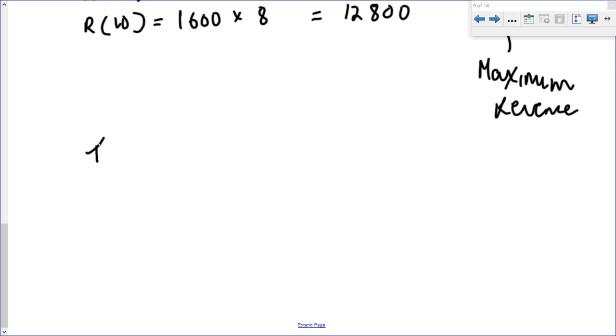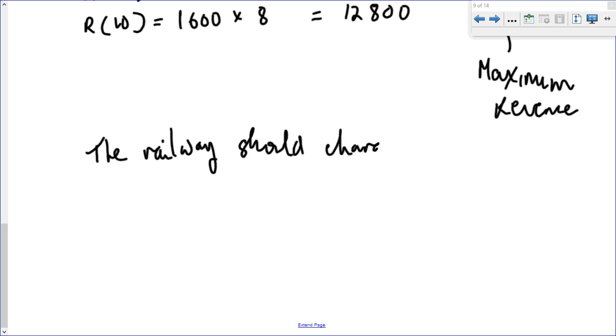My sentence should answer the question: what fare should the railway charge? The railway should charge a fare of, what did we say, $6 per ticket.